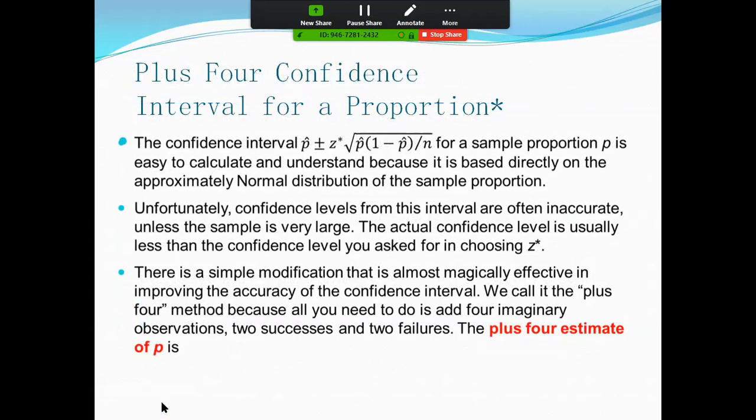Plus 4 confidence interval for a proportion.